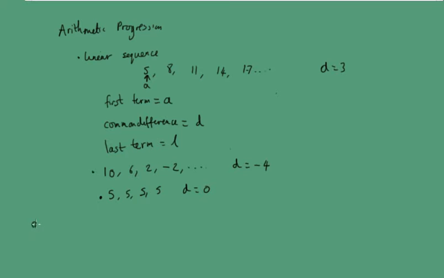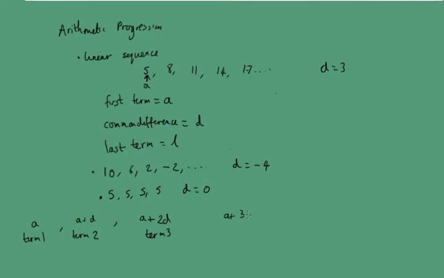So A is term 1 in general terms. A plus D is term 2. A plus 2D is term 3.